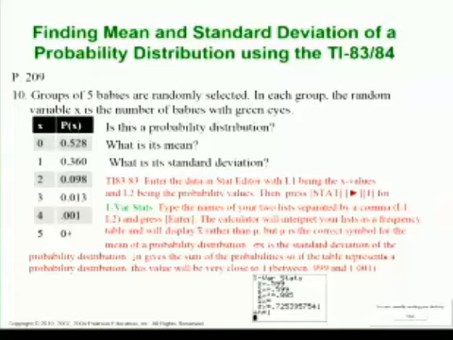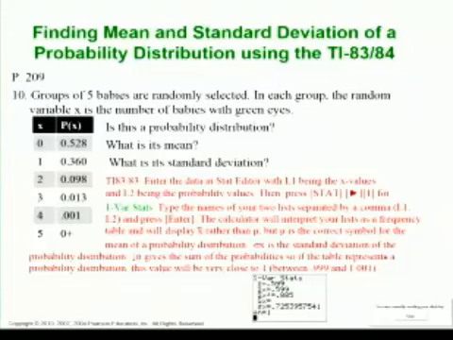If I went to every hospital in the country and grabbed 5 babies, then what would be the average number of babies with green eyes if I grabbed whole bunches of groups of 5 babies? Well, we put the X's and the probability into the calculator in 2 lists. You can put your number of babies with green eyes in list 1 and the probability for each one of those values in list 2. Go ahead and do that.